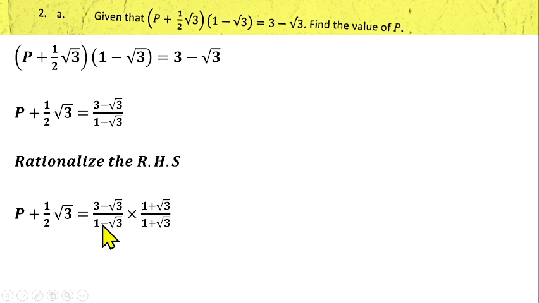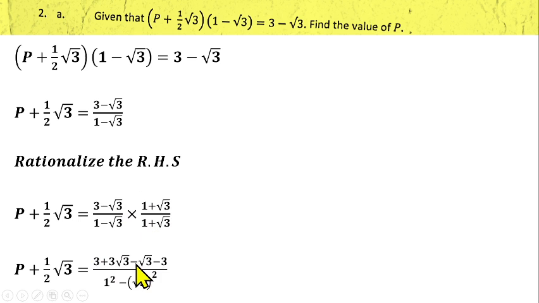So by the idea of rationalization of surds, we know that the denominator here is a difference of 2 squares. So that means you can do 1 squared minus √3 squared. Then the numerator will have to be multiplied out. So if you do that, you'll be having this. 3 times 1 will give us 3. 3 times √3 gives us 3√3.